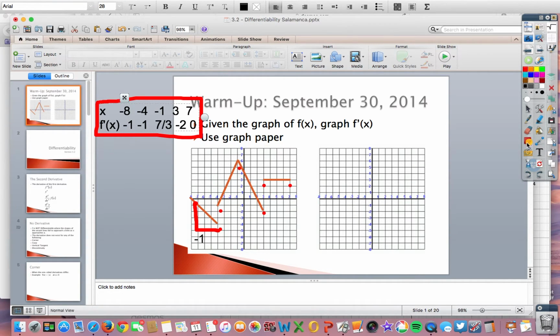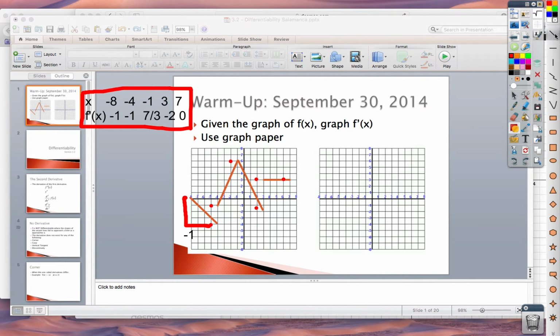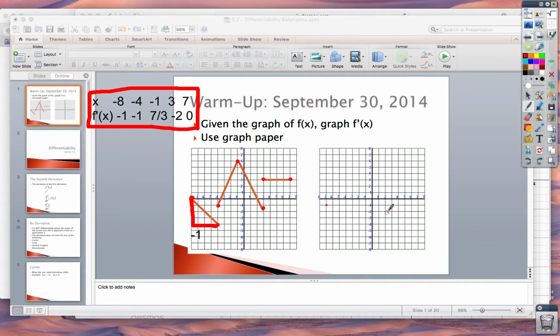So what happens next is we're going to try and graph these. We know that from -8 to -4, the slope is -1. So really, this is the point right here.